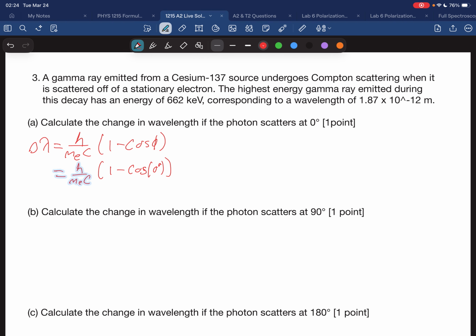Great. And so here we see that the cosine of 0 is just equal to positive 1. So that means that this entire bracket here equals 0. And I will quickly write this out.